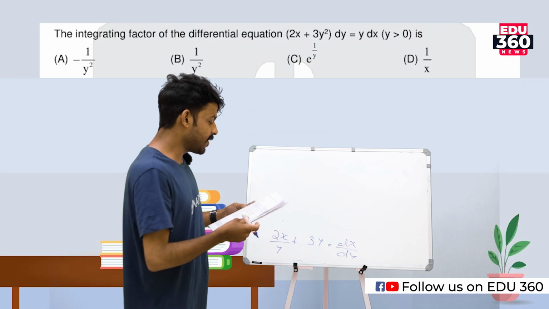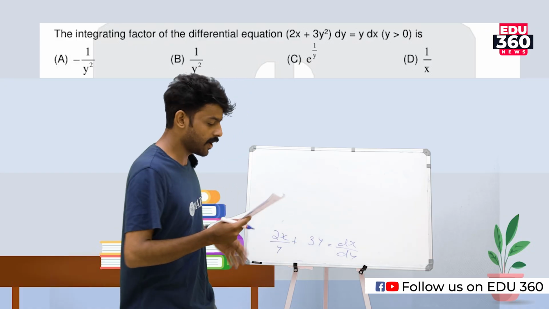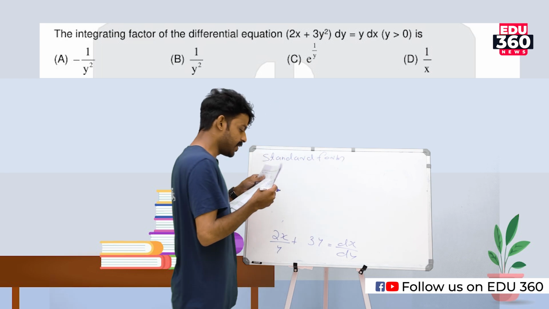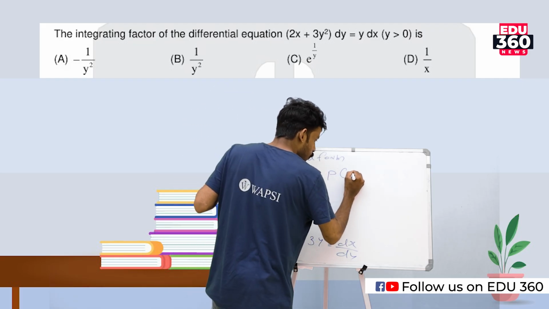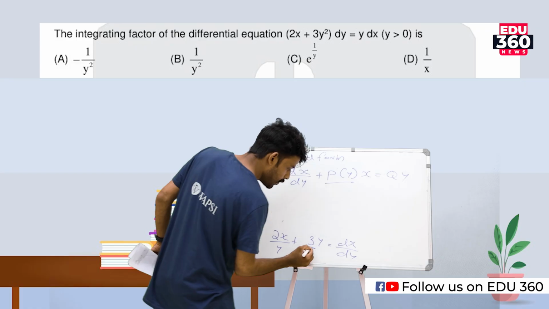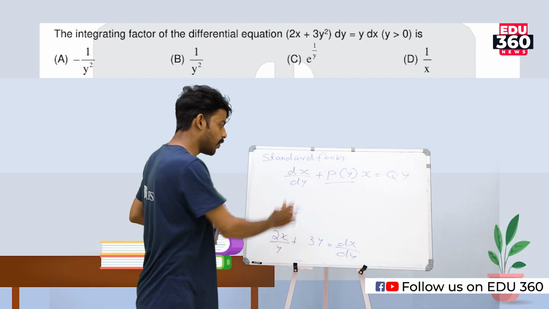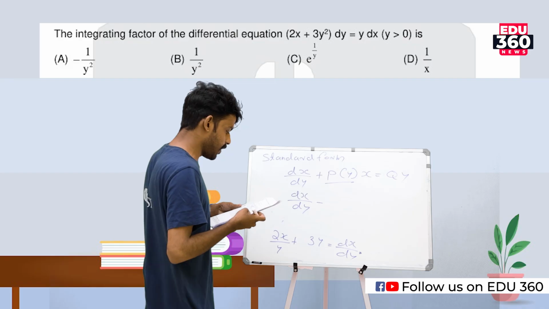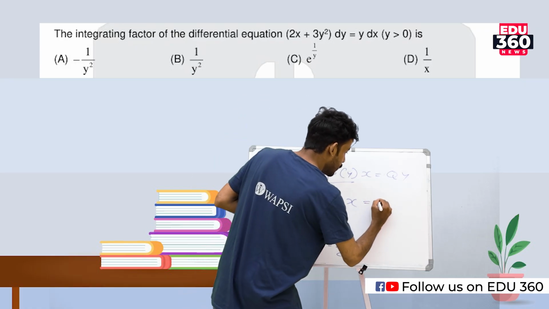On the next step, we know that the standard form of a differential equation is dx/dy + P(y)x = Q(y). Before comparing, we can rearrange this into that form. We get dx/dy - (2/y)x = 3y.